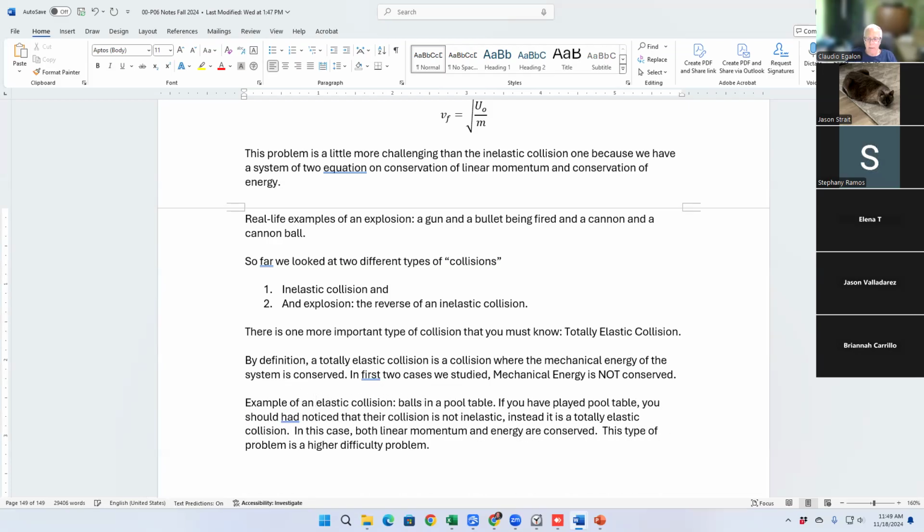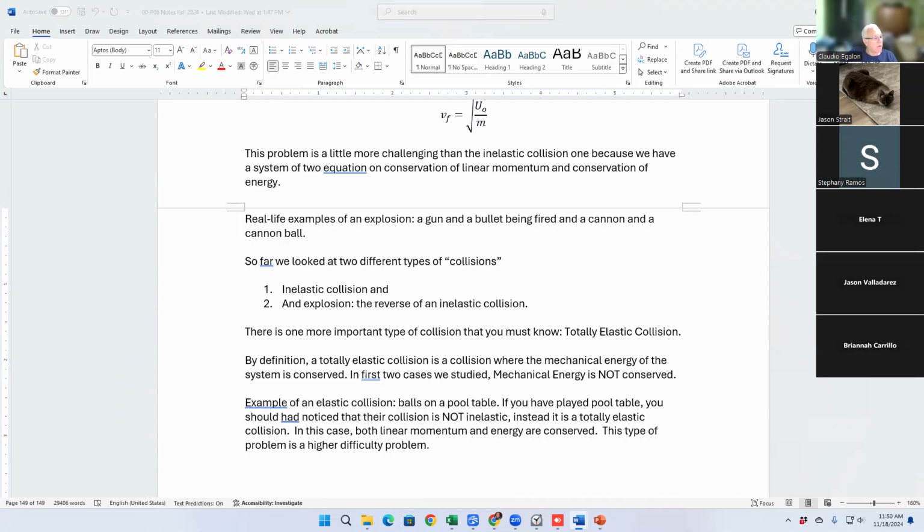If you have played pool table, right? The balls in the pool table undergo totally elastic collision. They do not stick to each other, right? It's not inelastic. Instead, it's a totally elastic collision. And both energy and momentum are conserved, okay?